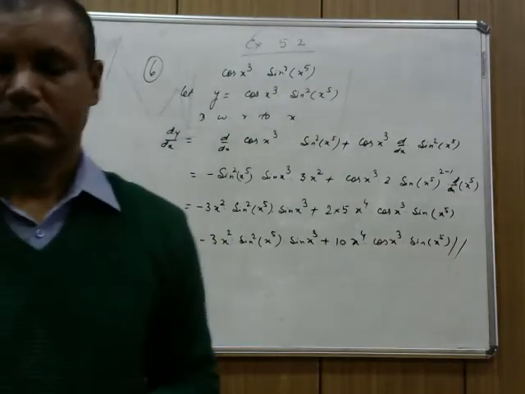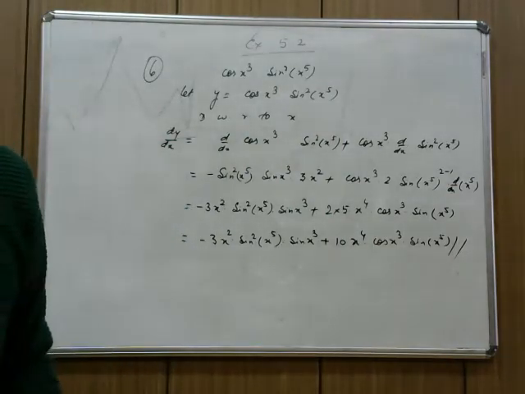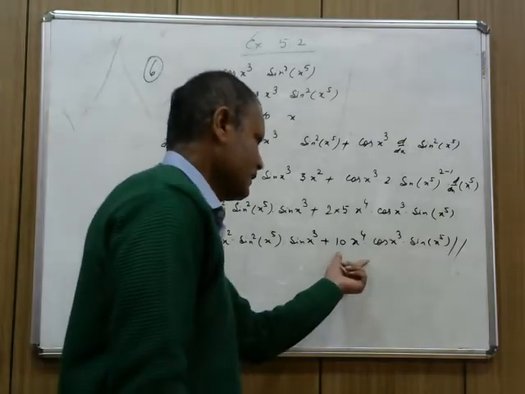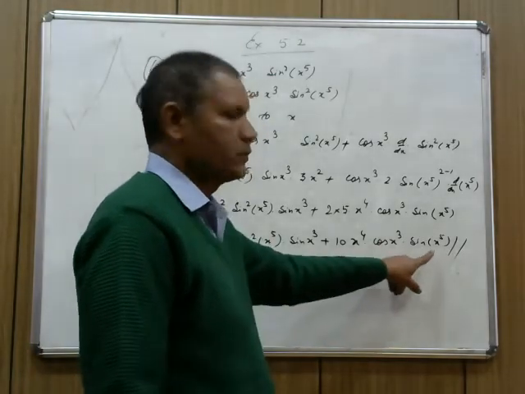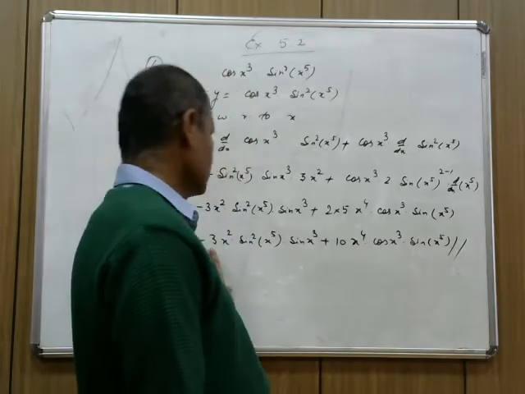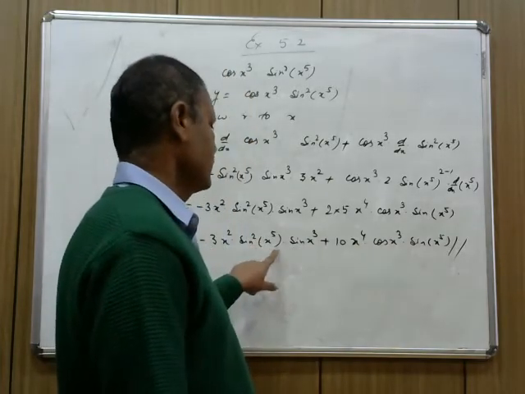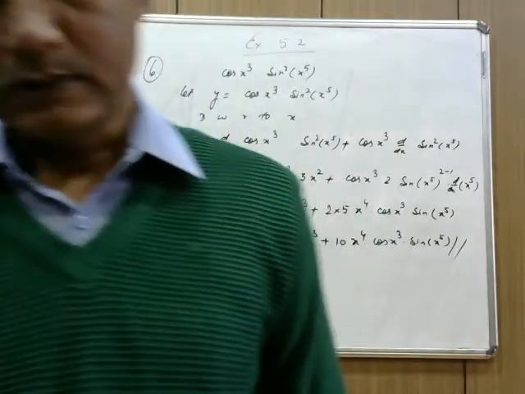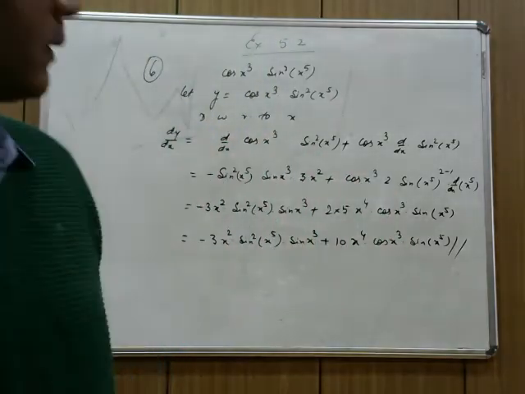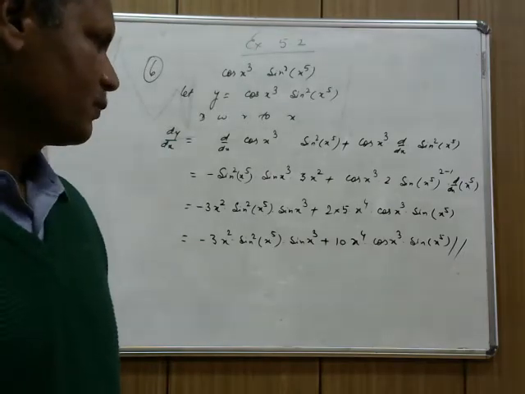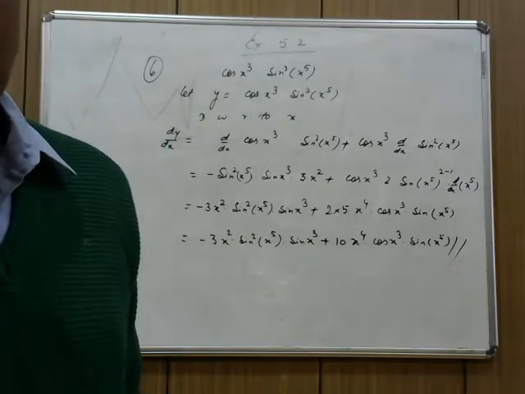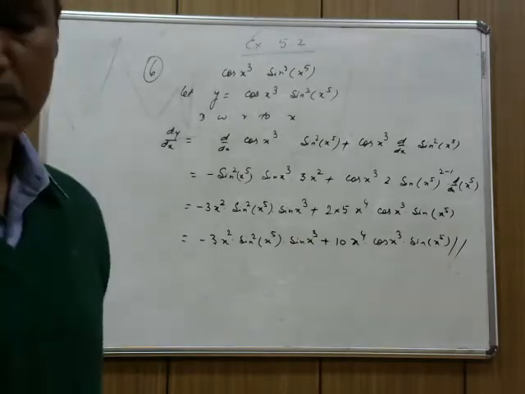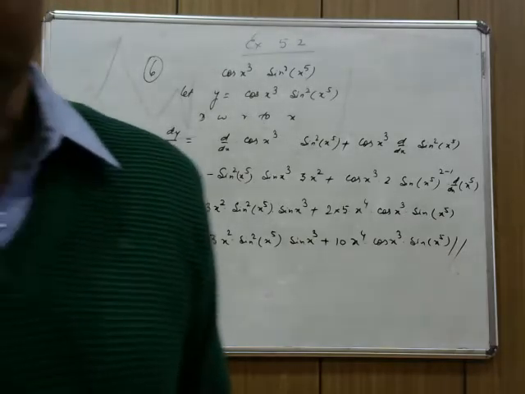Here the answer is given as, we can also write the positive term first: 10 x to the power 4 into cos x cube into sin x to the power 5 minus 3x square into sin square x to the power 5 into sin x cube. This change you can do, otherwise let it be like this only, right?